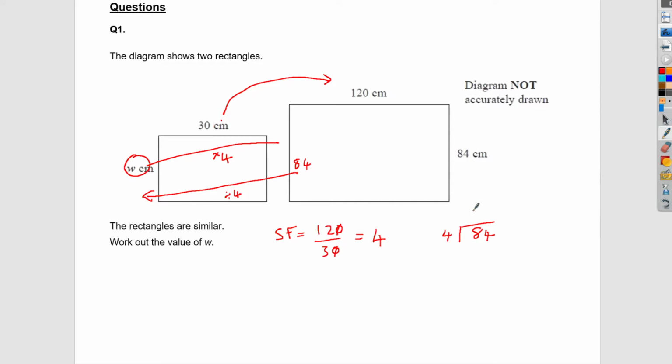How many 4's go into 8 is 2, and how many 4's into 4 is 1. So the value of W is going to equal 21, since 21 multiplied by 4 is 84. Okay, sweet.